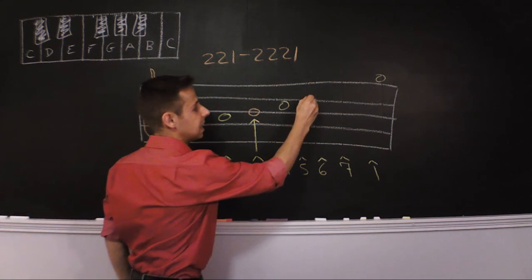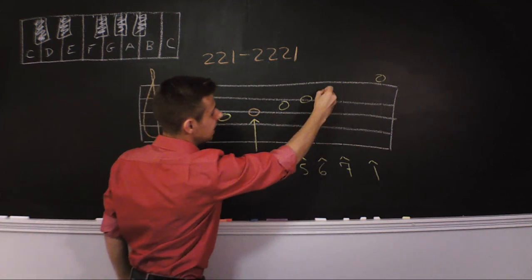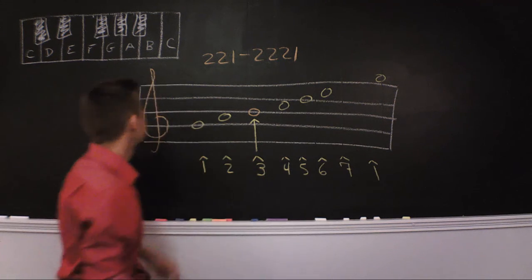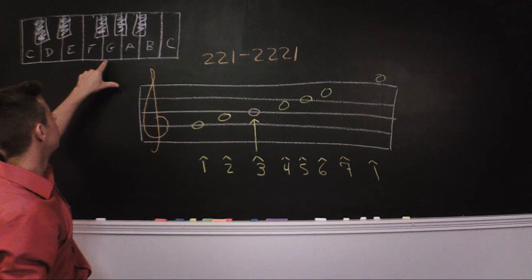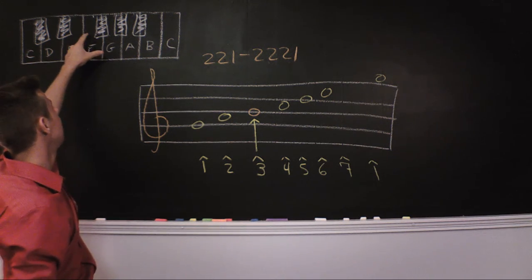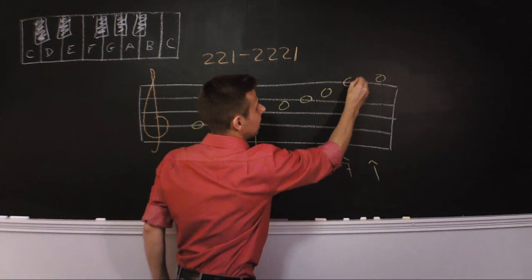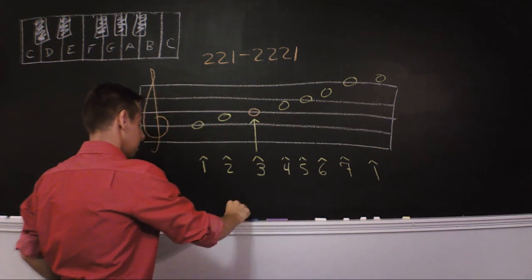A whole step up from C is D. Whole step up from D is E. Whole step up from E is what? Well, E up to F, that's a half step. Up to G is 3 half steps, so we have F sharp. So scale degree 7 should be F sharp. We have to use an accidental to make it appear as an F sharp, so I'm going to draw that in.